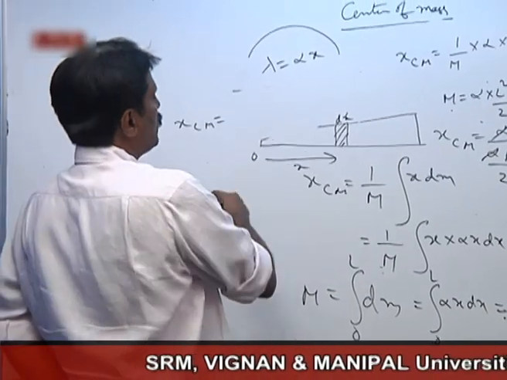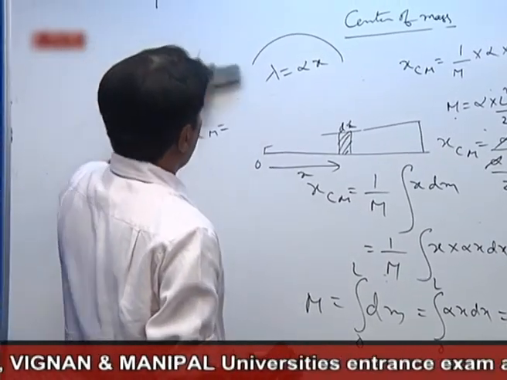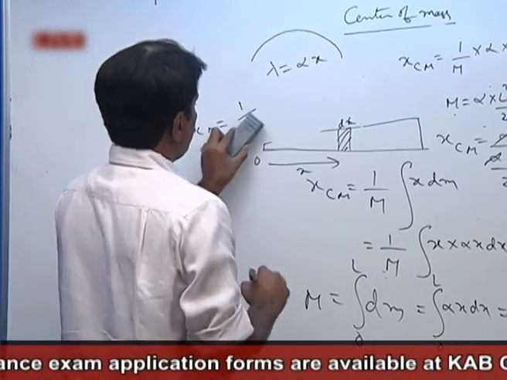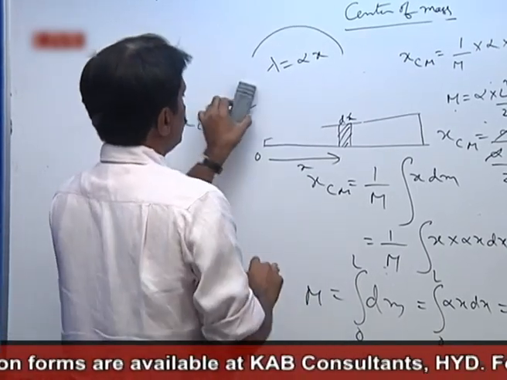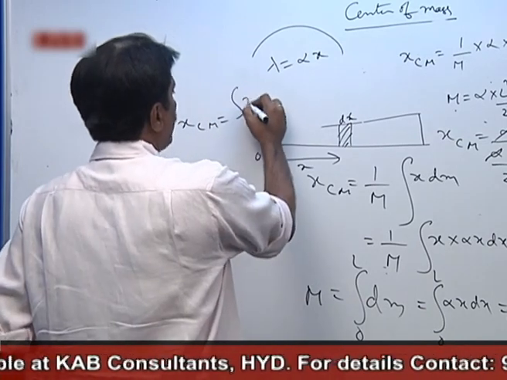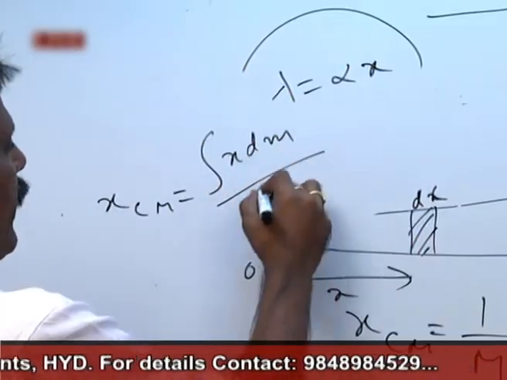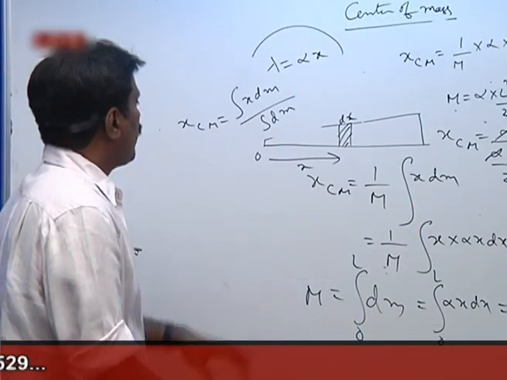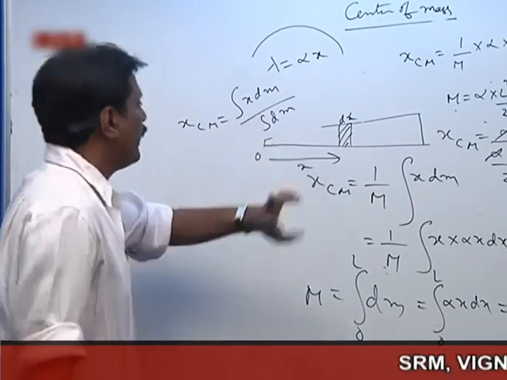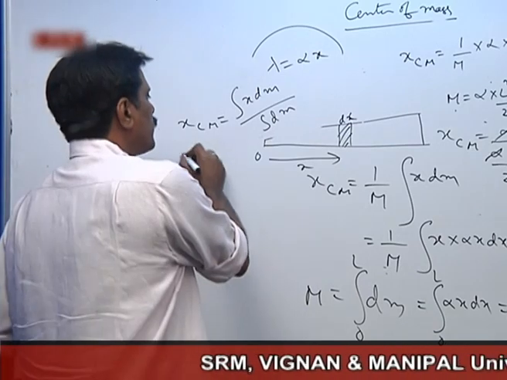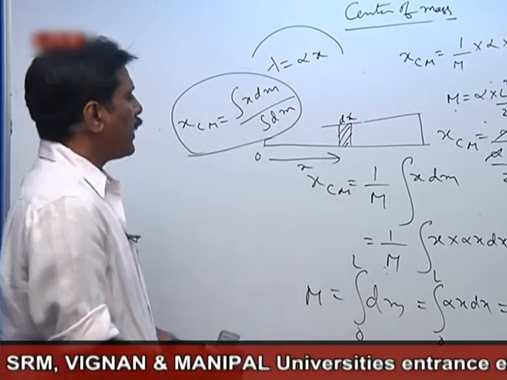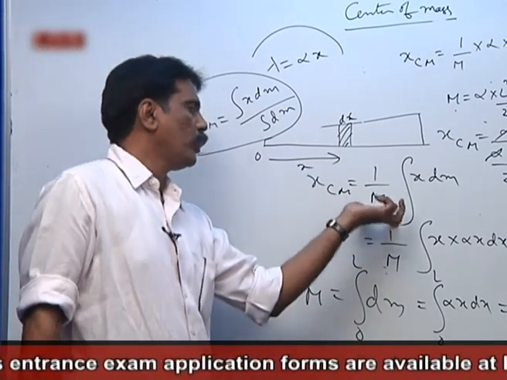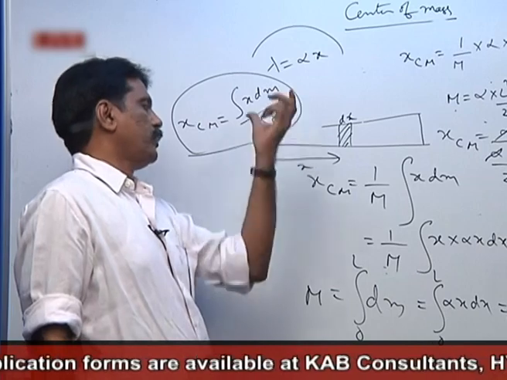X center of mass is equal to integral x dm by integral dm. Y center of mass is equal to integral y dm by integral dm. So, you can use this relation where you need to find mass also. If mass is already known to us, we can eliminate this step.